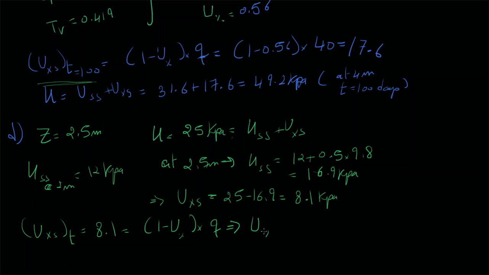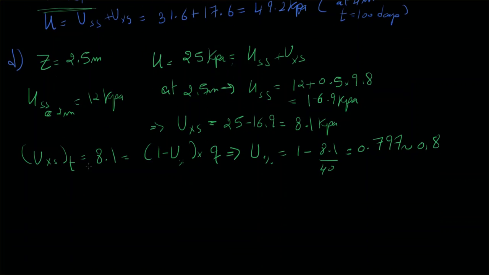Therefore, my rate of consolidation is 1 minus 8.1 over 40, which is 0.797, roughly 0.8. And my Z over dP is 2.5 over 5, that's half. So now we could use U equal to 0.8. Back to the isochrone.